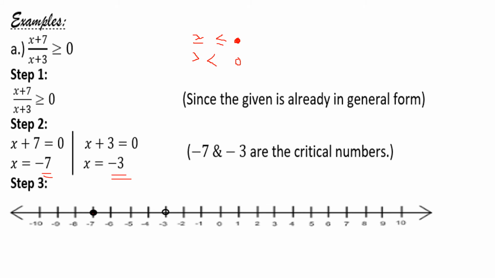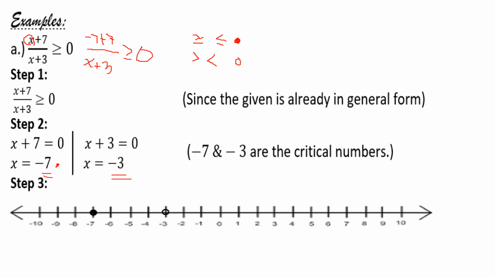Okay, so since negative 7 can satisfy the inequality, when we substitute negative 7, let's remove this. So we have negative 7 plus 7. I just substitute negative 7 to our x variable: negative 7 plus 7 all over x plus 3 is greater than or equal to 0.